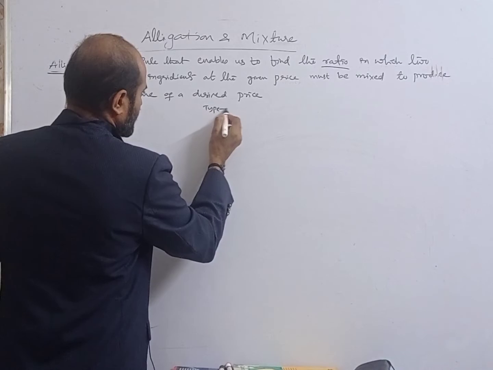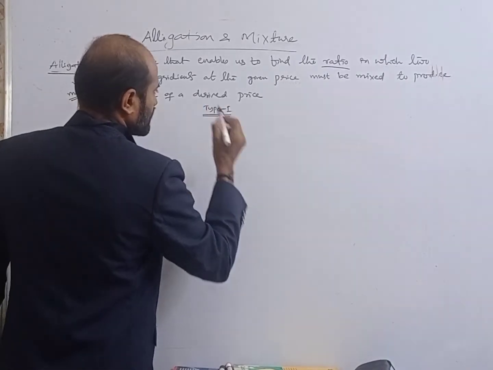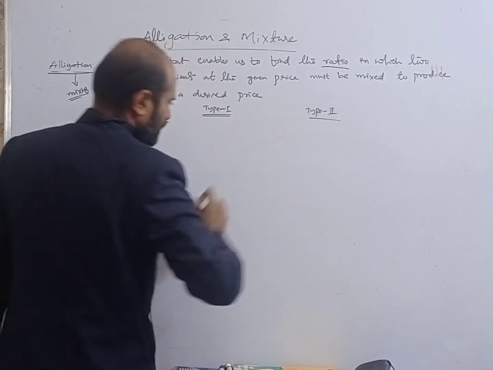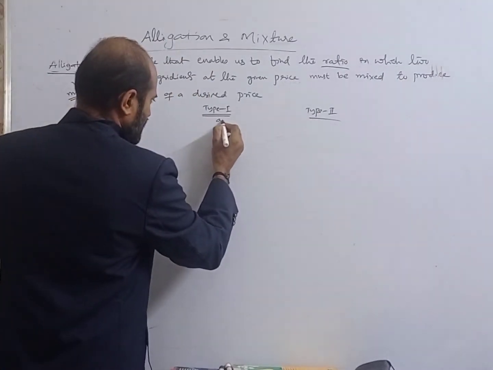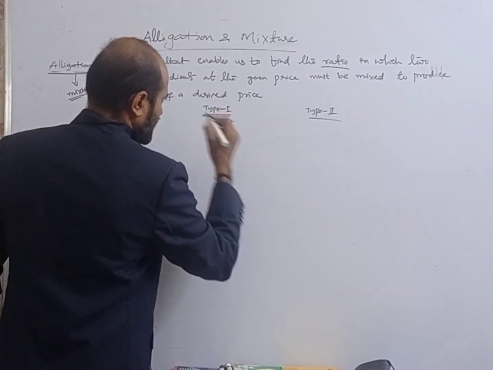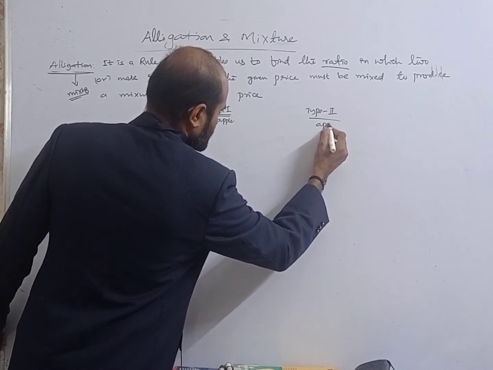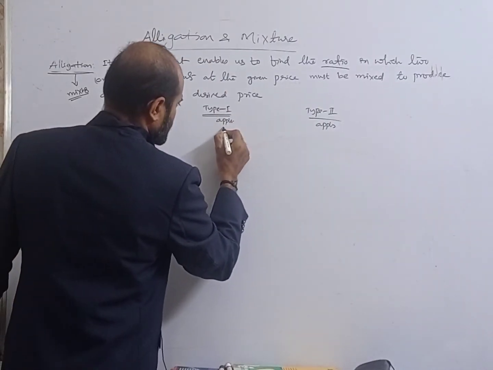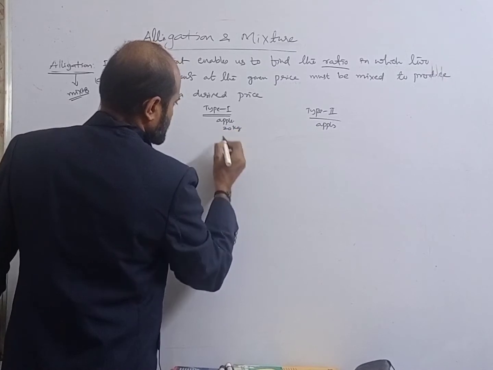There are type 1 fruits and type 2 fruits. Let us suppose apples of type 1 and apples of type 2 are there. Let us suppose type 1 is 20 rupees per kg.